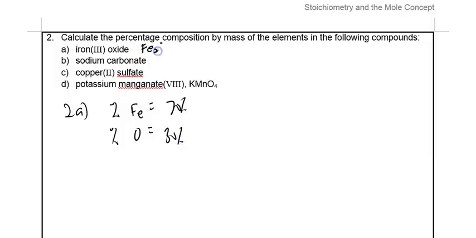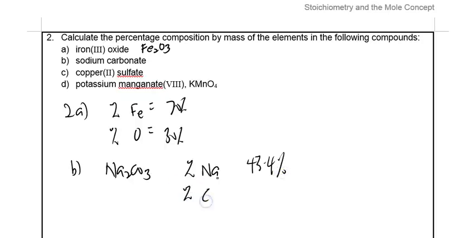So this is Fe2O3. For 2B, sodium carbonate, Na2CO3, percent sodium, you should have 43.4%. Percent carbon, you should have 11.3%. Percent oxygen, you should have 45.7%.